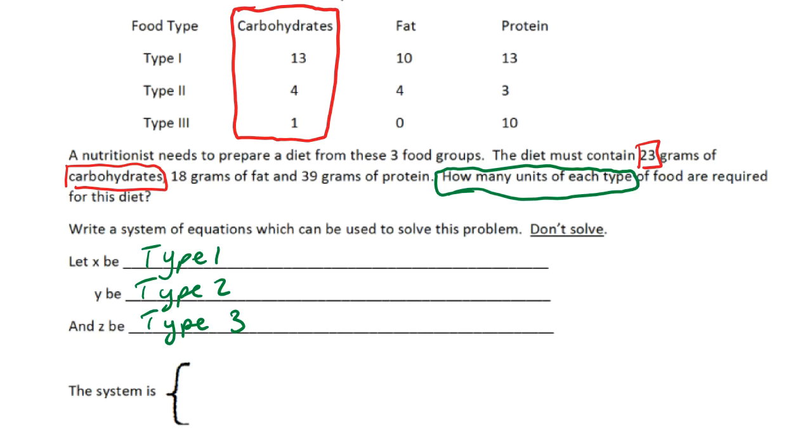So that's going to be our first equation. So it's going to be 13 times however many type 1 we have, so that was x, plus 4 times however many type 2 we have, y, plus 1, however many type 3 we have, which was z. We want all of that to equal 23.